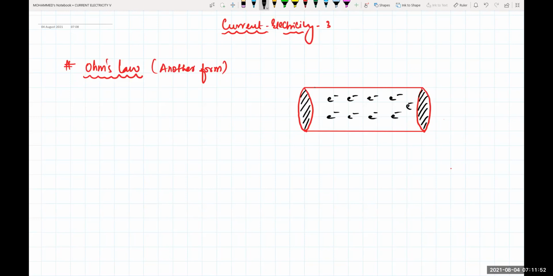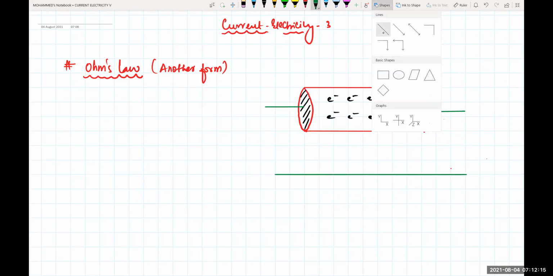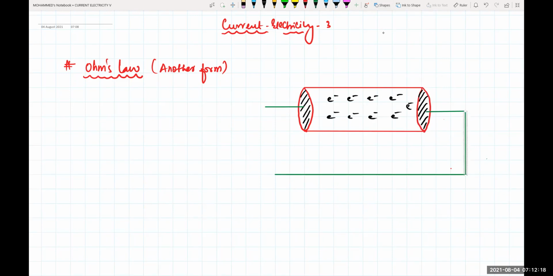This is connected to the terminals of a battery, the positive terminal on one side and the negative terminal on the other.